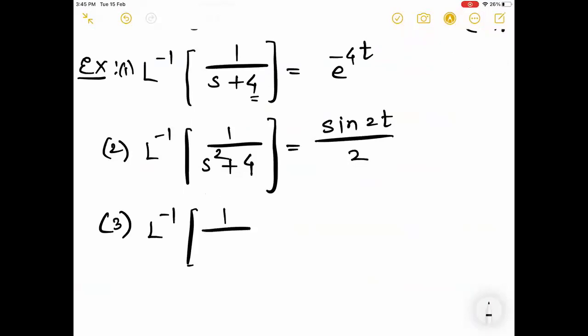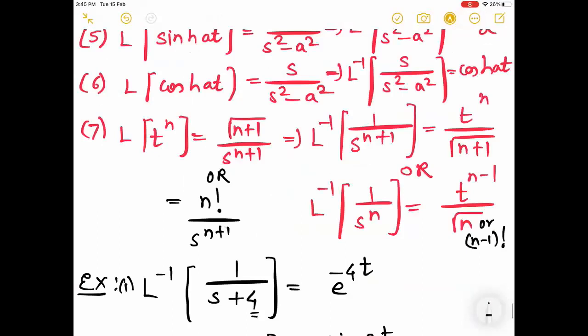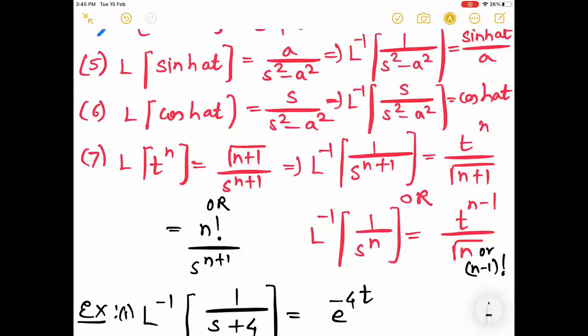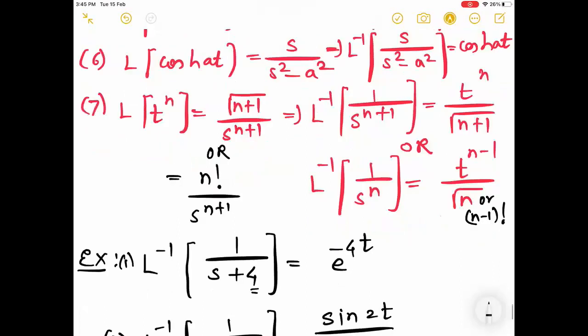Similarly, inverse transform, suppose I want 1 upon s raised to 4, then which category, which function is it? Which formula will you use? The seventh one, the result showing 1 upon s raised to n, that is t raised to n minus 1 upon gamma n.